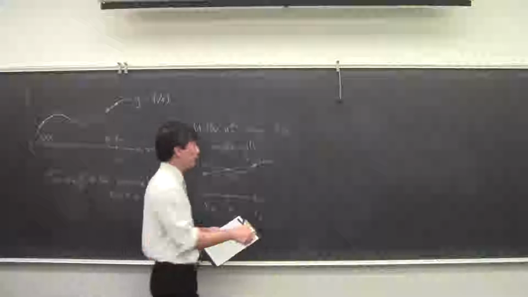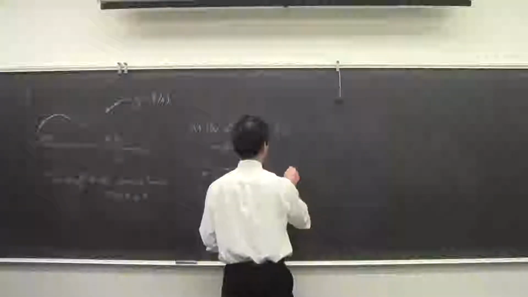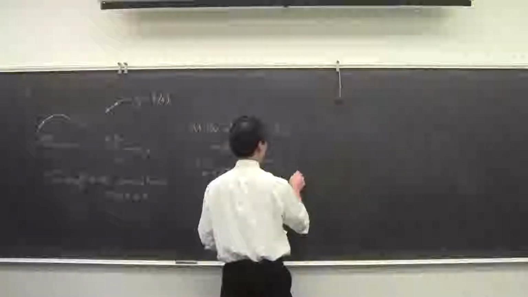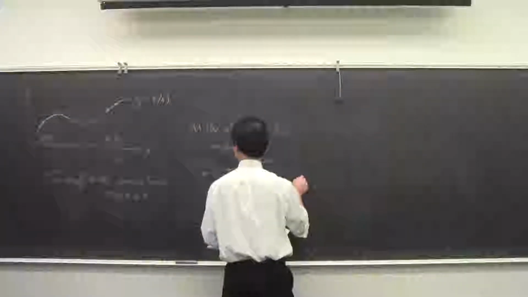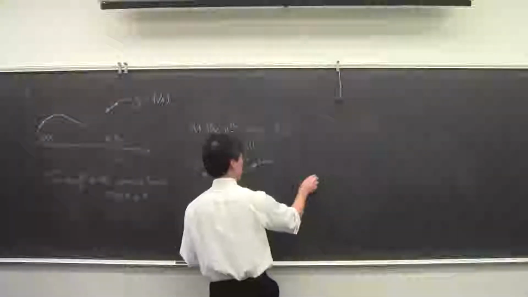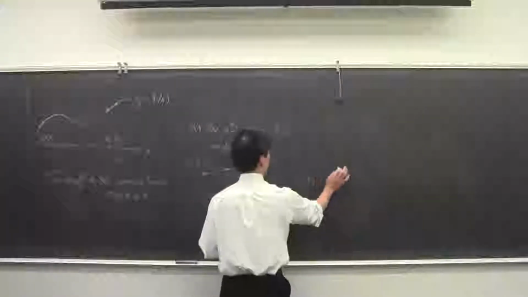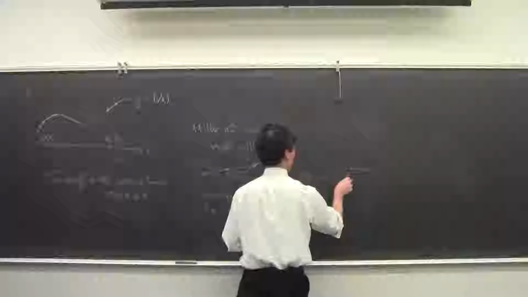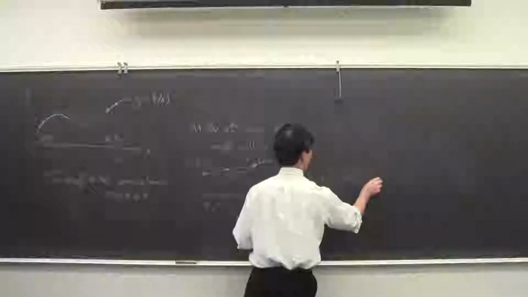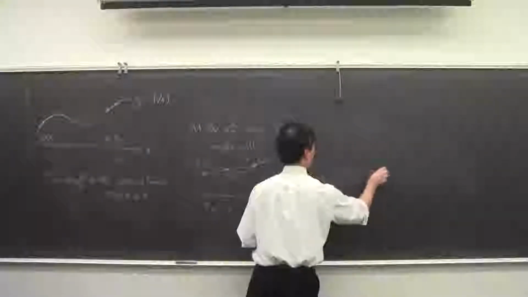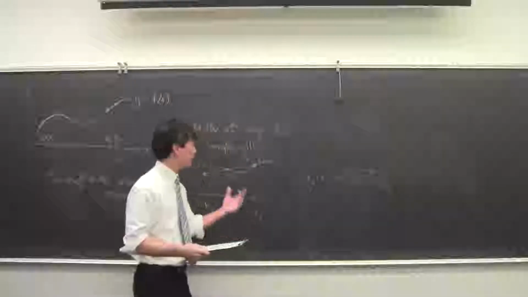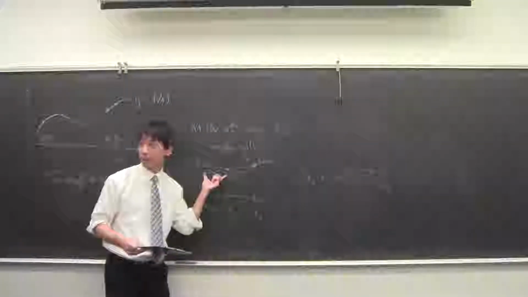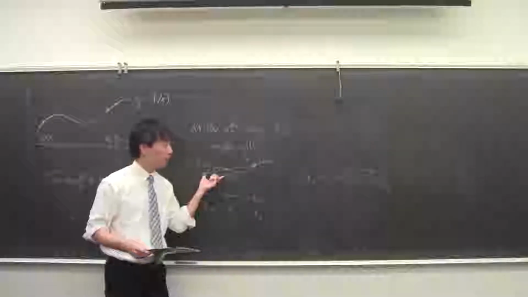The distance between the first two guys is going to be x1 minus x naught squared plus f of x1 minus f of x naught squared, right? That's this distance, by the Pythagorean theorem. Everybody okay with that?